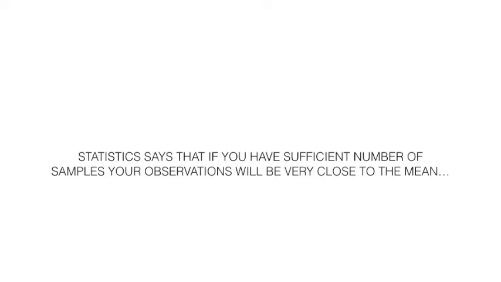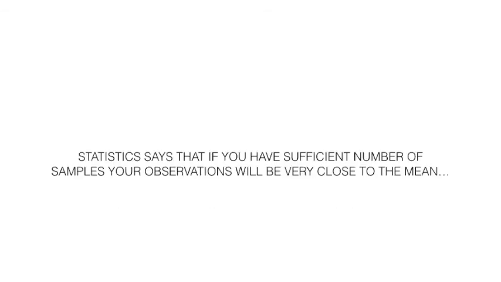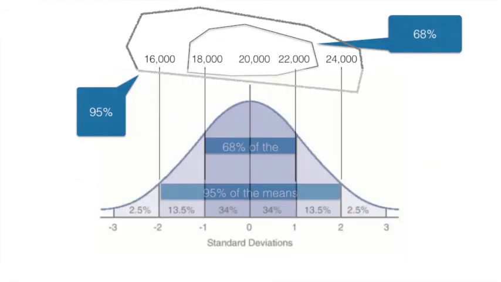Okay? So, how do we apply our friend, the bell curve? Okay, here. The average income is 20,000, right?